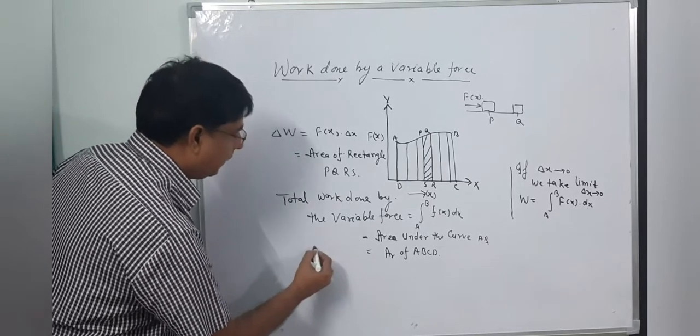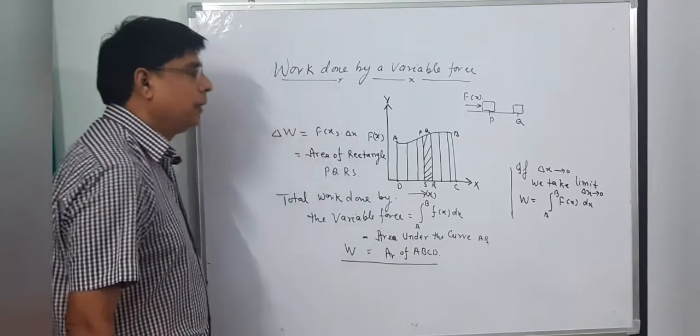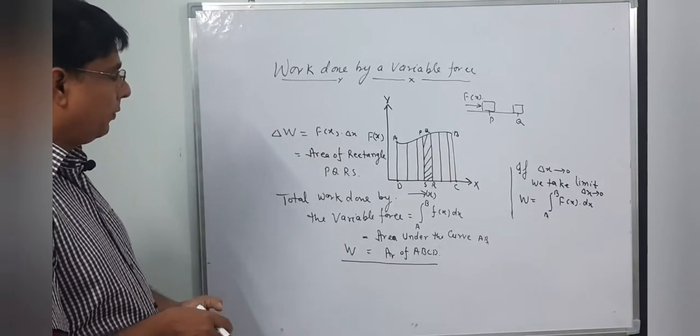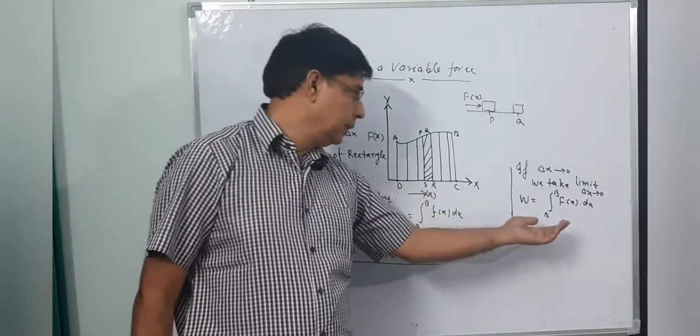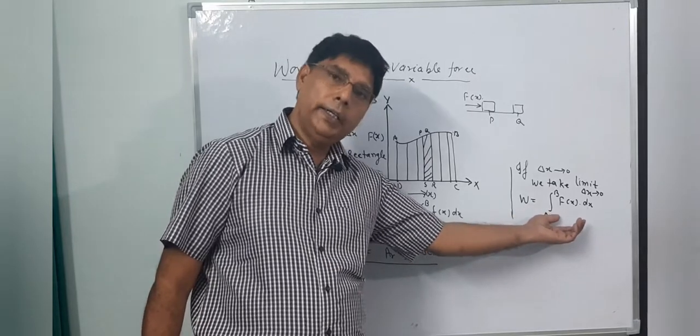This is the total work done by the variable force. Hence we can find out the amount of work by the graphical method, and this total work done by the variable force by the integration method.